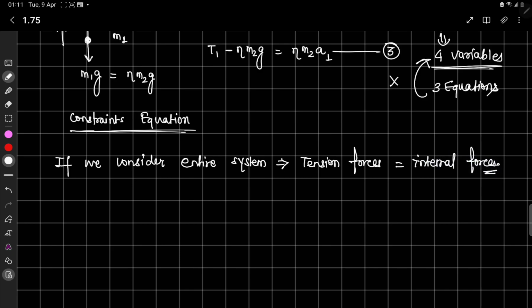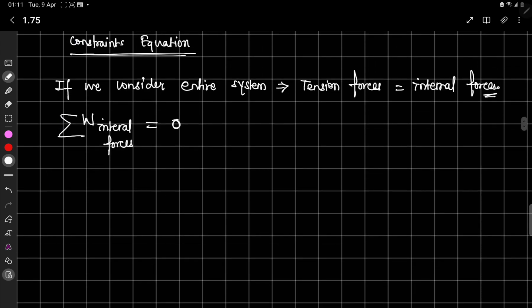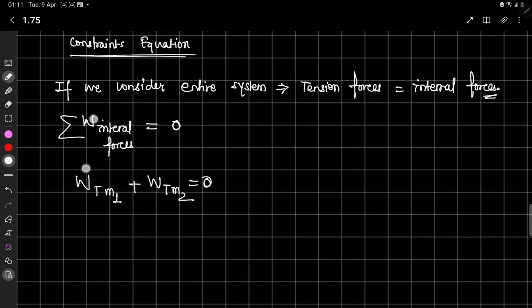And we know that the work done by all the internal forces is equal to 0. So basically, the work done by the tension force on mass m1 and the work done by the tension force on mass m2 should be equal to 0.